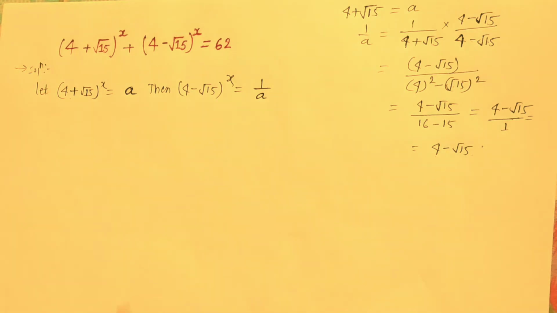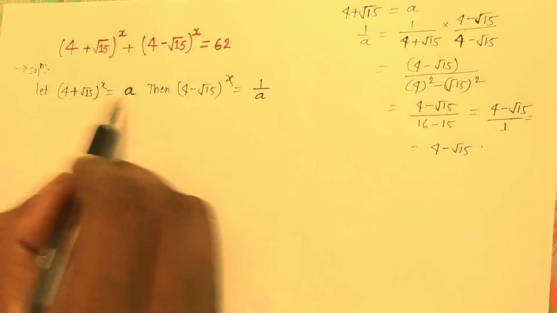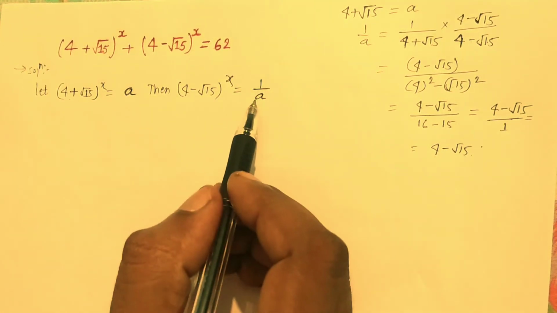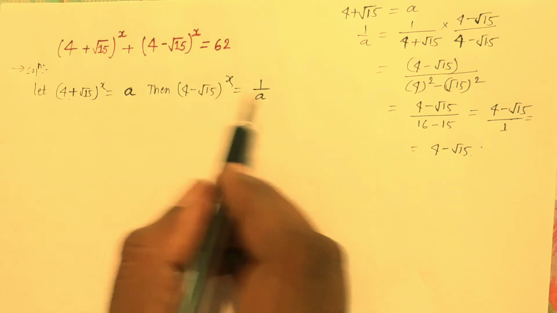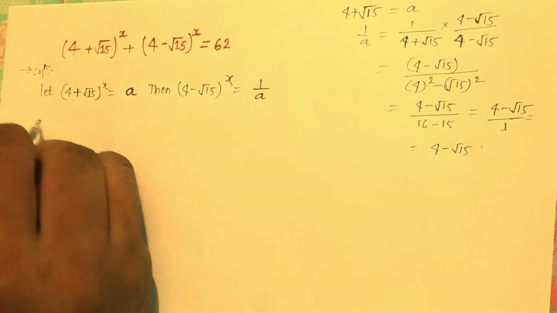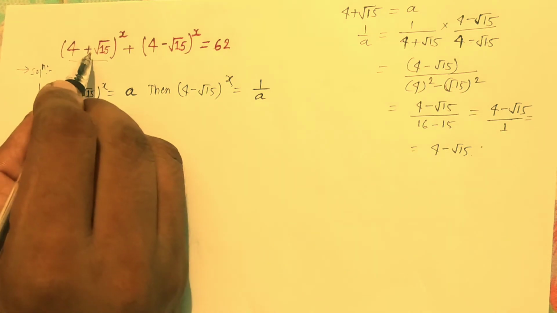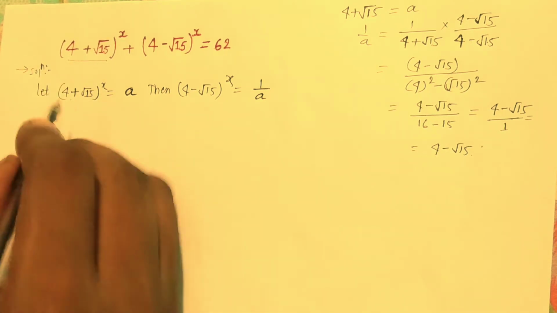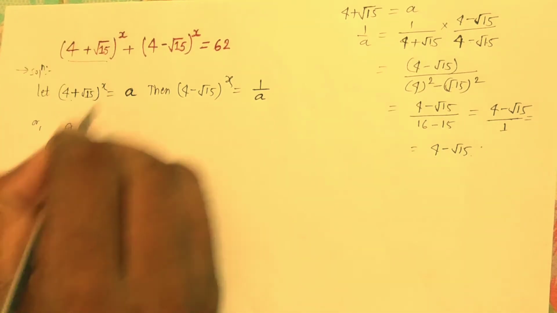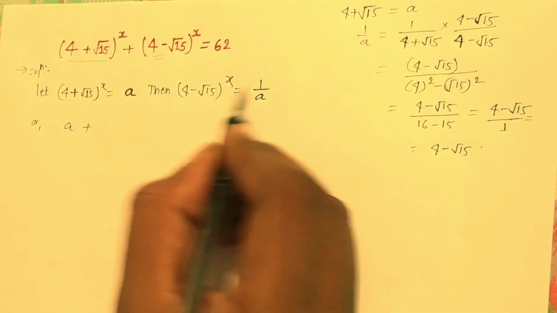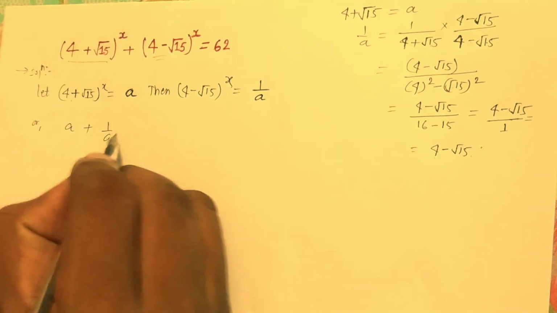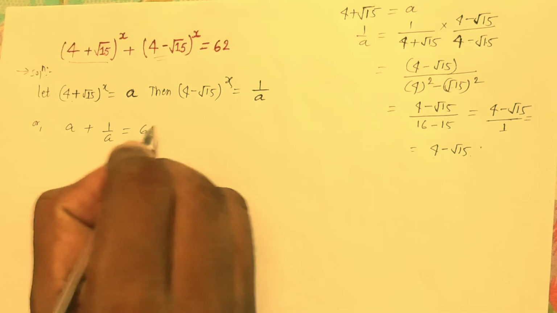Now the original equation becomes a plus 1 by a is equal to 62.